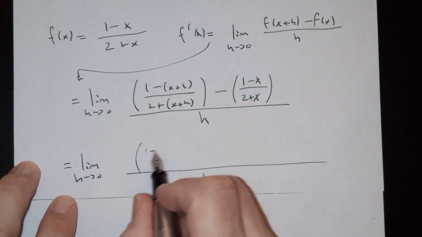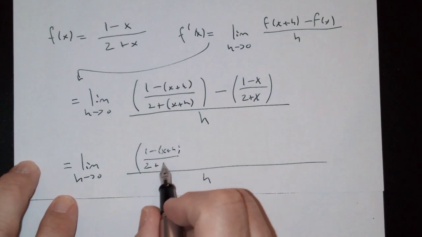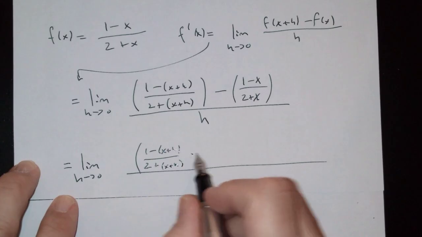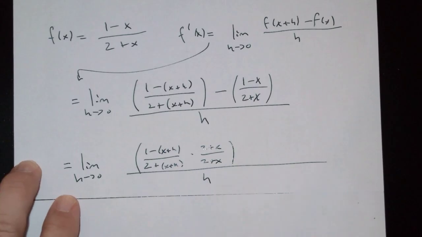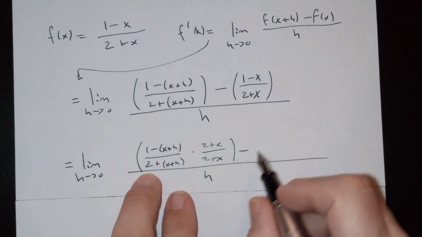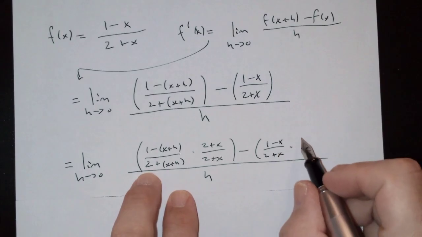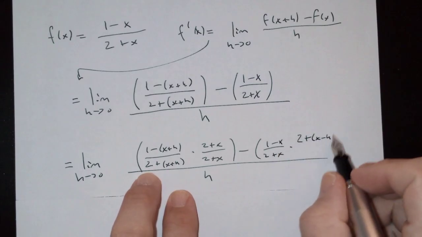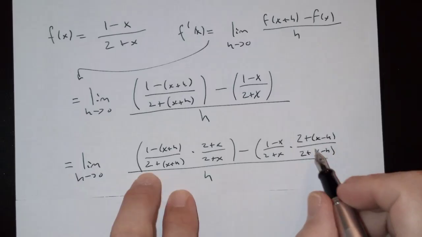So I have 1 minus (x plus h) over 2 plus (x plus h) times 2 plus x over 2 plus x, minus 1 minus x over 2 plus x times 2 plus x minus h over 2 plus x minus h.